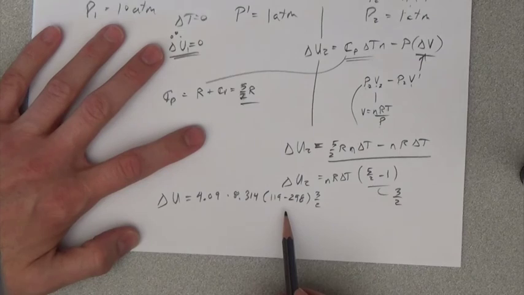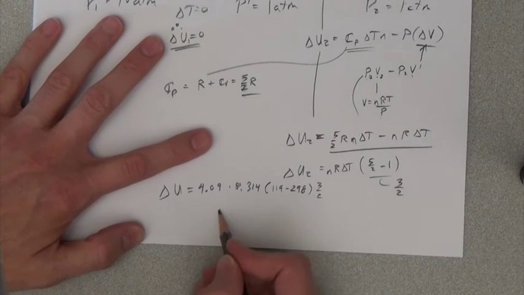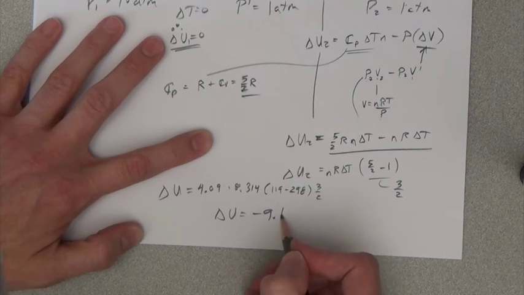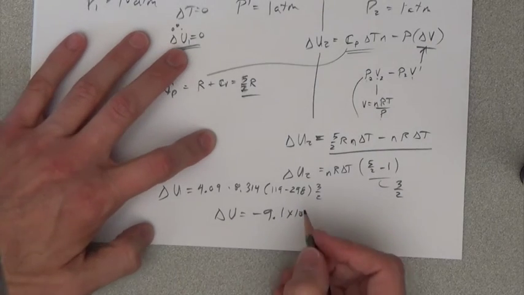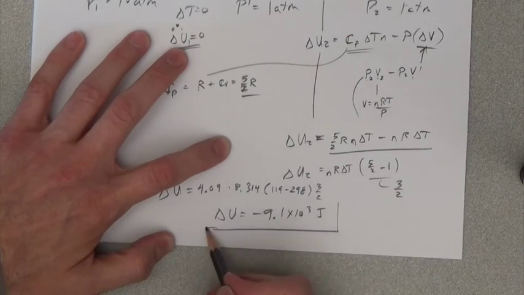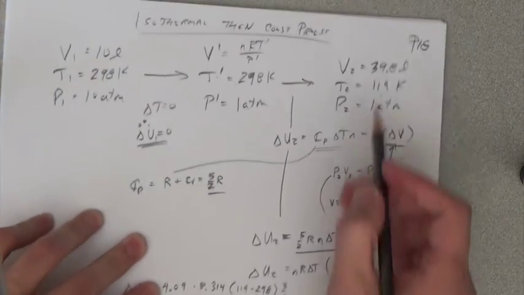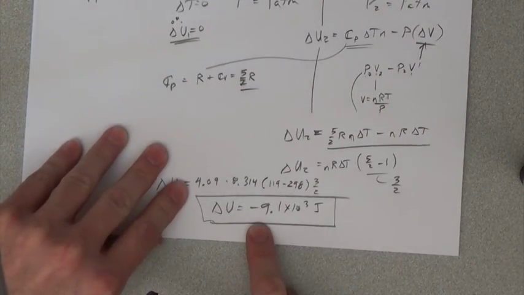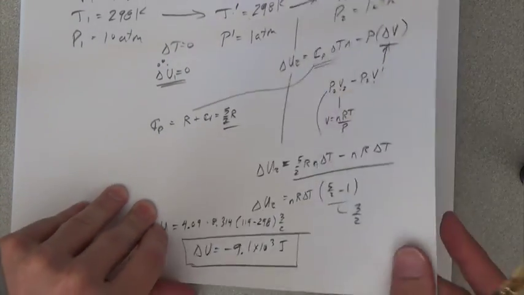And you've seen this before, the last 2 pages of notes, right? So delta U is equal to minus 9.1 times 10 to the 3 joule. So far, all 3 paths have wound up with the same value for the energy.